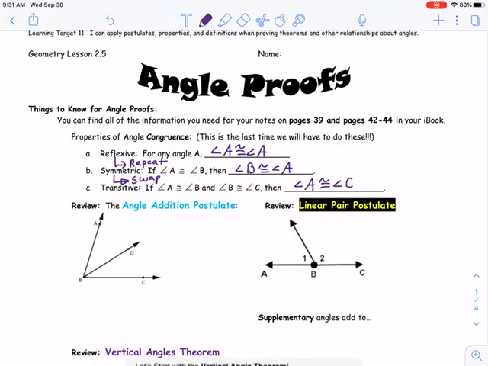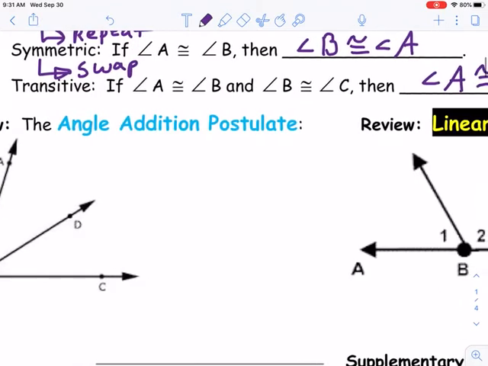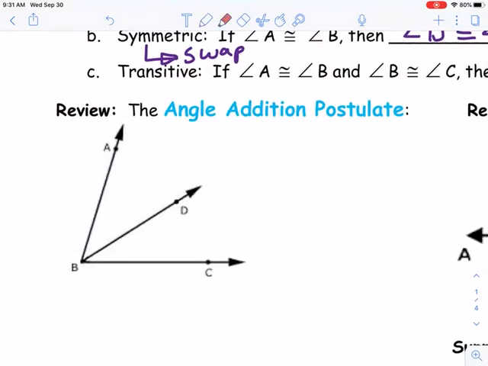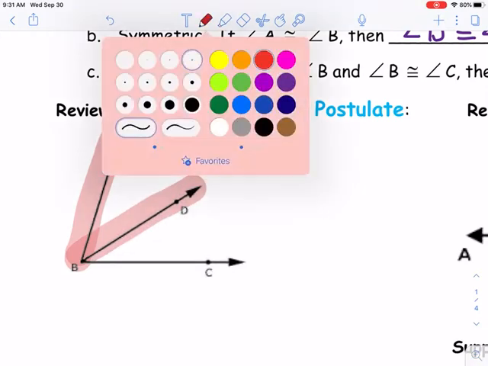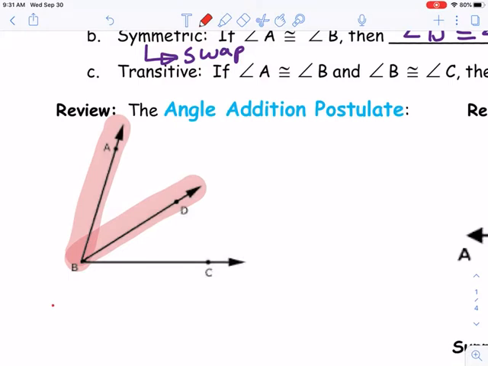Angle addition postulate. This is something we have to be really good at, all right, for the whole year. Not just this test, just not the near future, but identifying angles by using 3 letters. All right, so this angle right here is angle ABD.